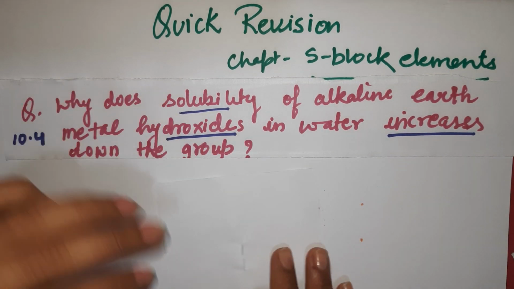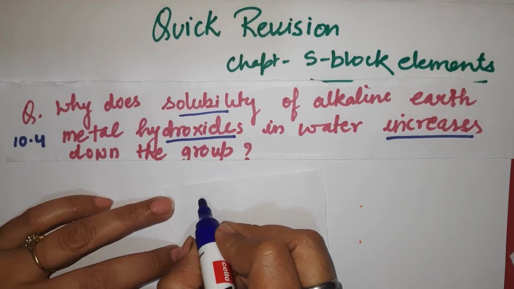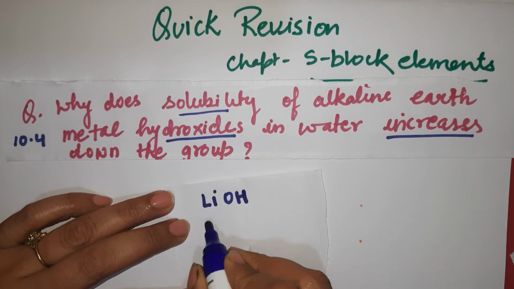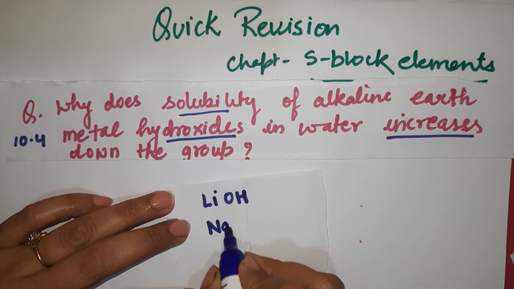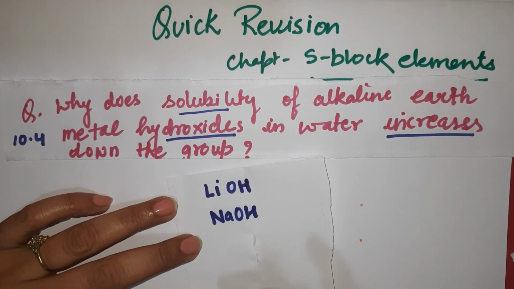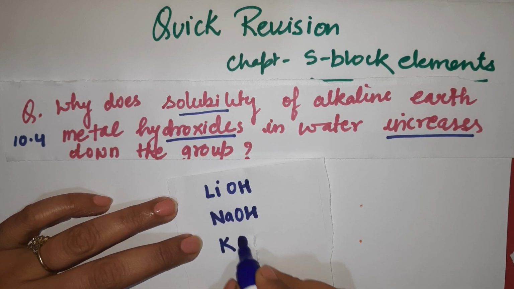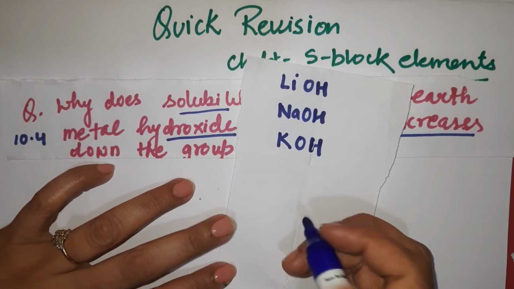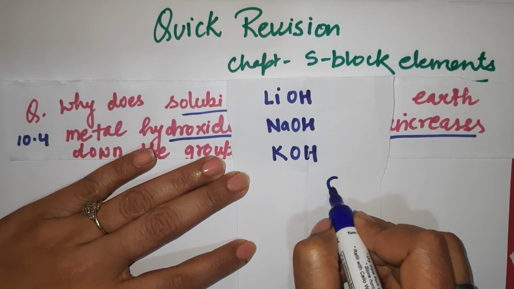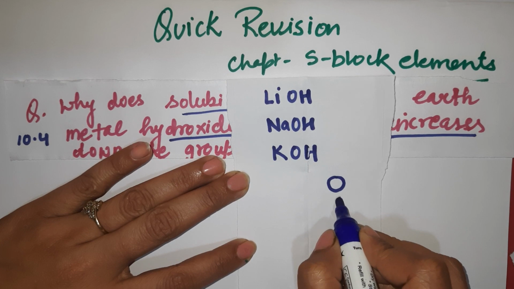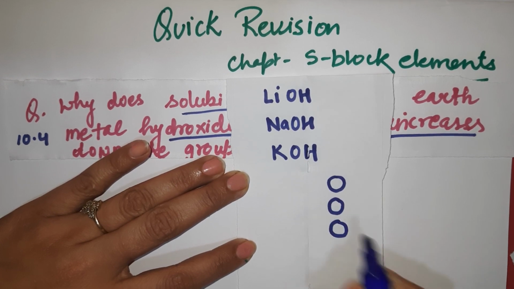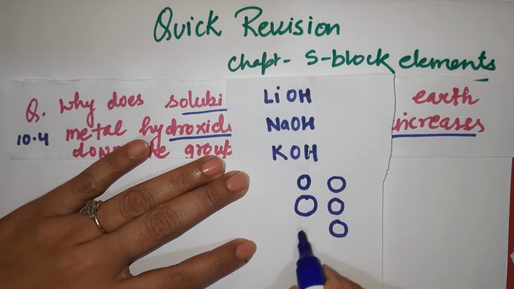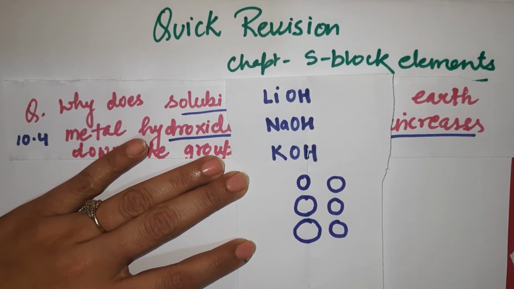What I'm trying to say is that metal hydroxide means if I make LiOH, NaOH, KOH, and so on, what is going to happen, that OH is of the same size, but the size of the cation is going to increase.